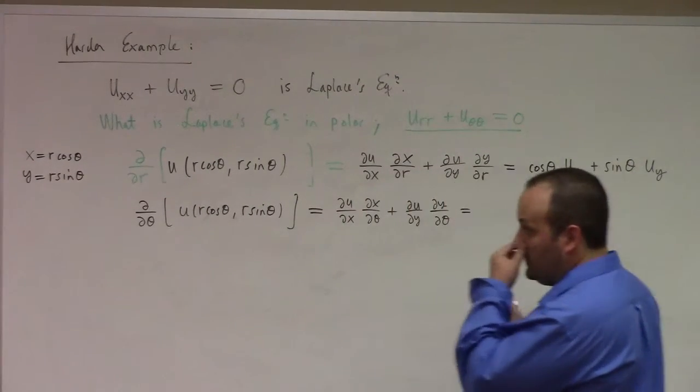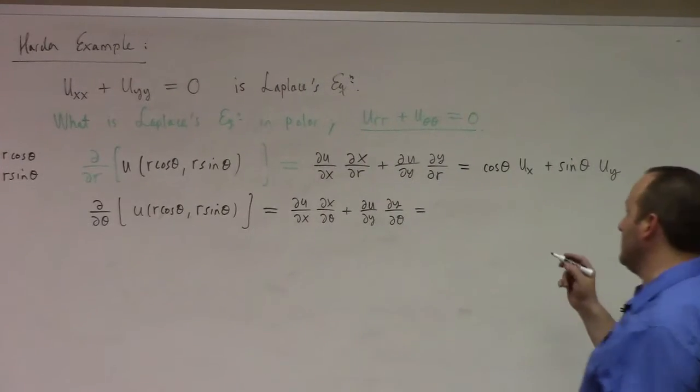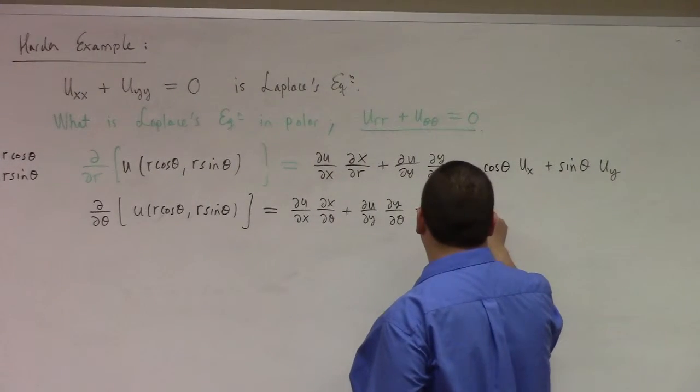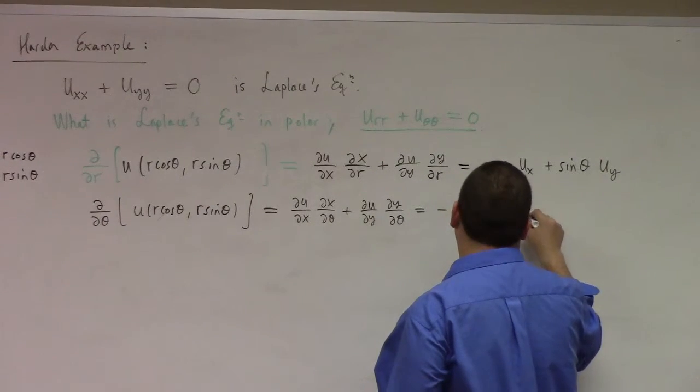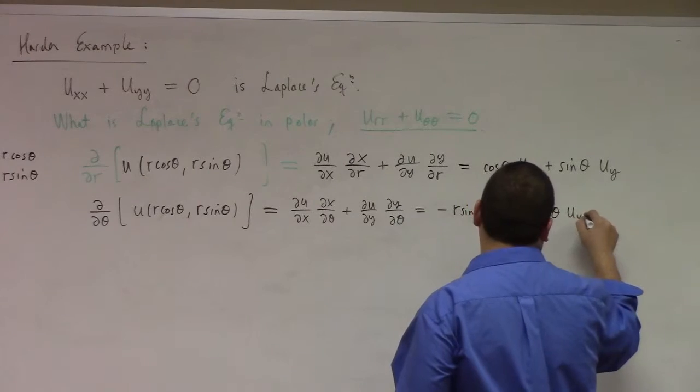Now, partial x, partial theta is minus r sine theta, right? And then I get plus r cosine theta u_y.